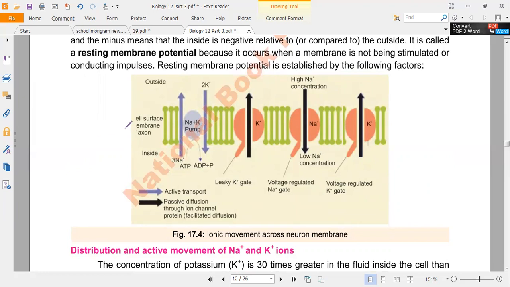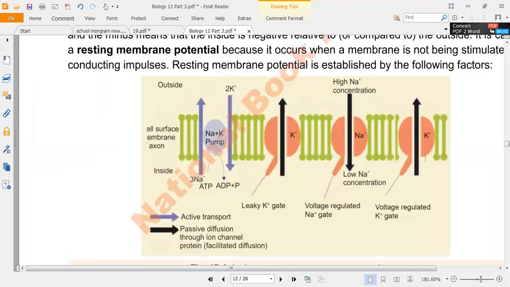You can take a look at this diagram. Let's zoom in. You can see this is the lipid bilayer, and in it you can see lots of gates and lots of carrier proteins.